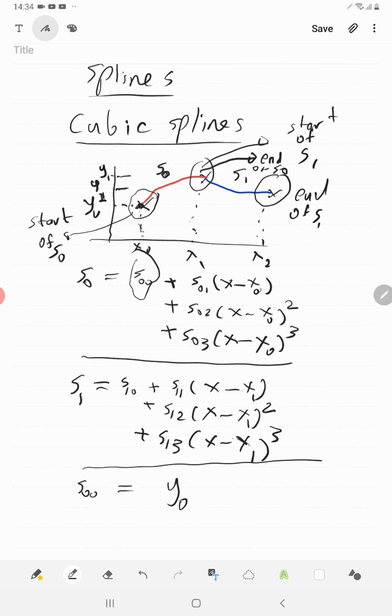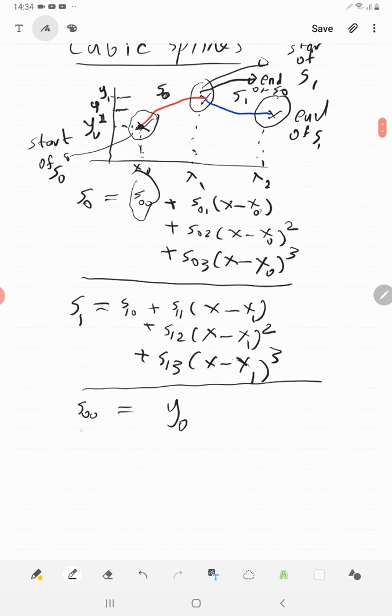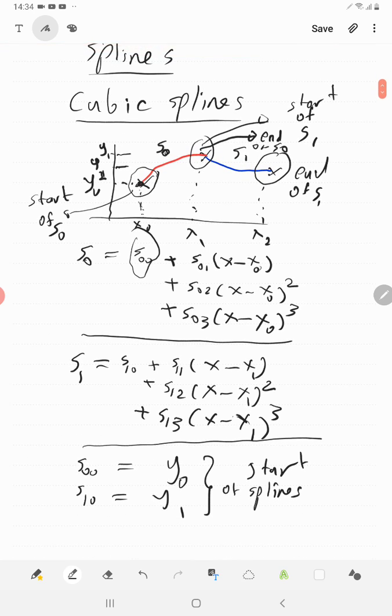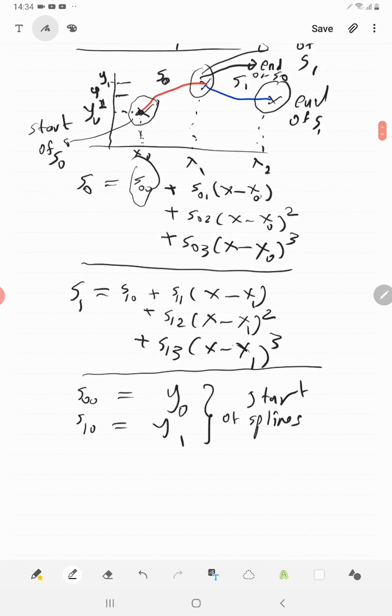And similarly for the second segment, S1,0 equals y1. So this will give you 2 equations. The first equations we obtain: the start of each segment should equal the value of y at the start point.